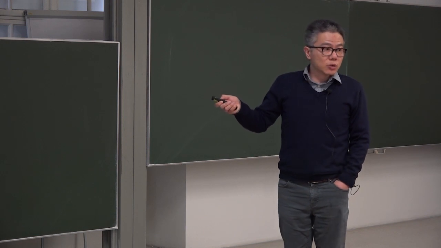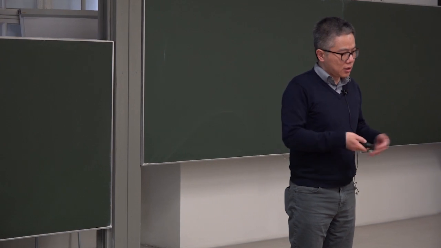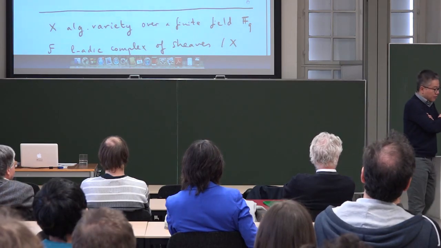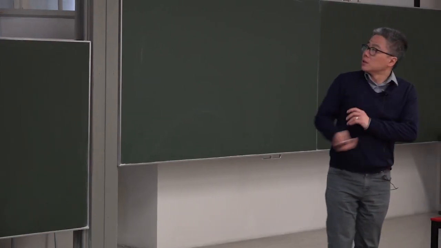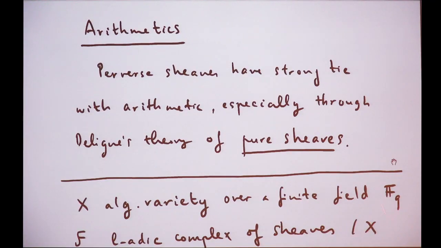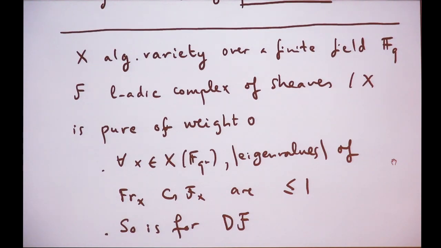When Deligne wrote up his really incredible paper on the Weil conjectures, he defined what's called a pure sheaf. So what is a pure sheaf? You look at X, an algebraic variety over a finite field, say F_q, and he studied l-adic sheaves. An l-adic sheaf is, for every point, some kind of vector space over l-adic numbers, or a complex vector space.